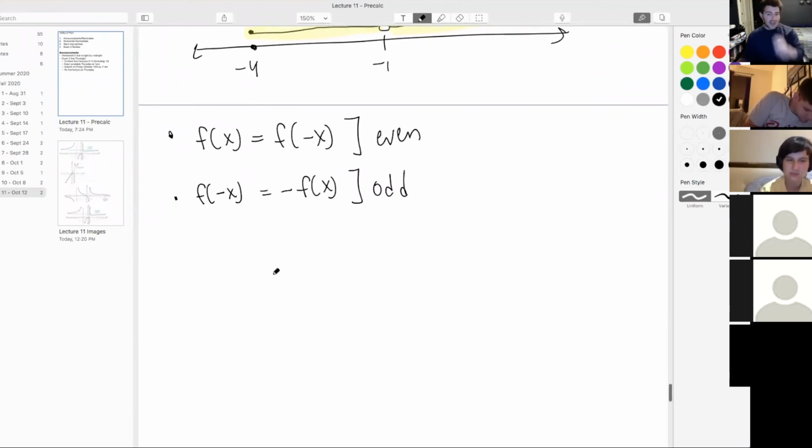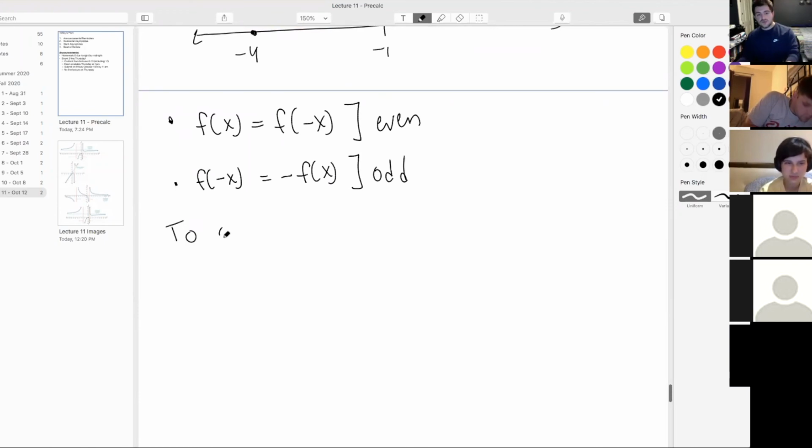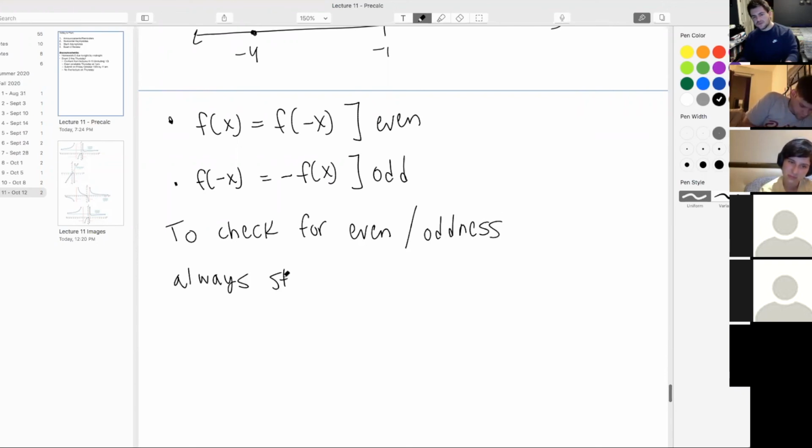Now, to check for even/oddness, always start off by looking at f of -x. That's always your first step.